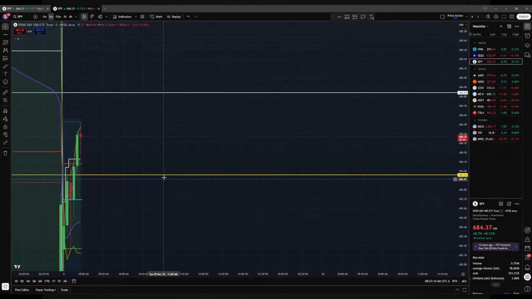I'm keeping this yellow line here. That's my invalidation zone. So if this rejects and closes below there, I'll get out of the trade with the loss.